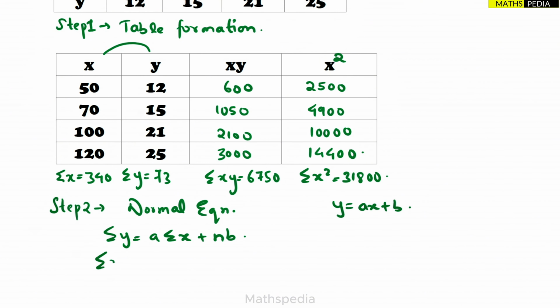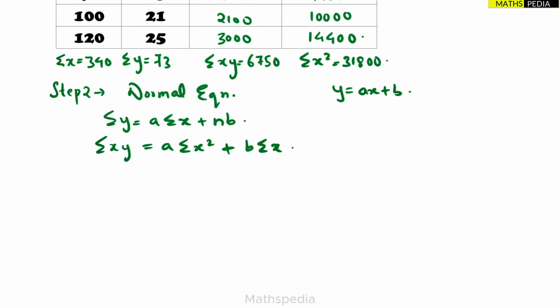Second equation: summation of xy is equal to a into summation of x square plus b into summation of x. Now we already have all the values, and the number of pairs, x comma y, we are having 4 only. So now we have to just substitute.